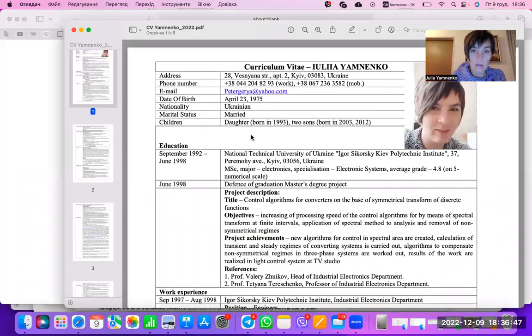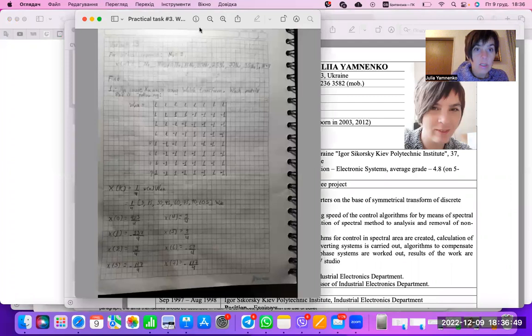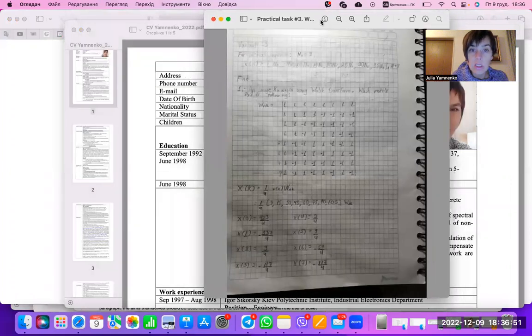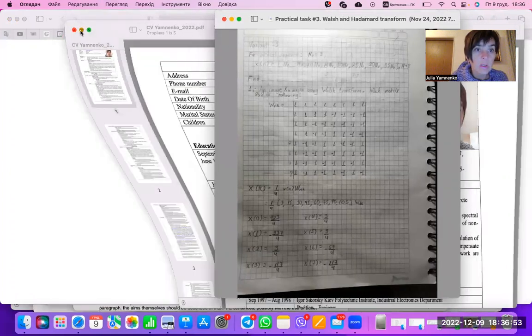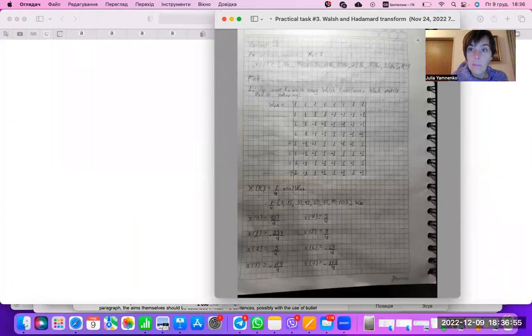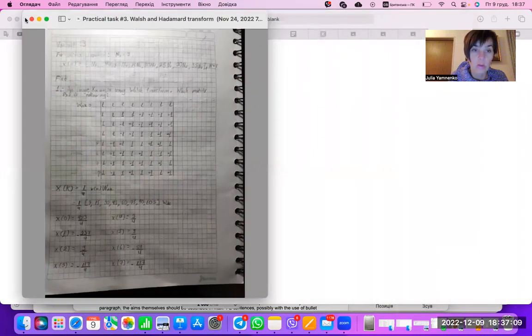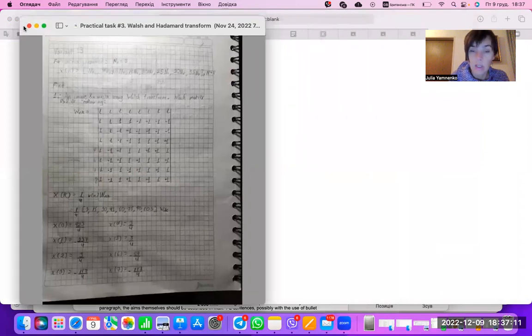Sorry, this is my document. Here you can see that Anthony used the incorrect matrix, of course, because it was in the instruction. So Anthony did everything correctly according to the instruction, but the instruction was wrong. Again, I'm sorry.